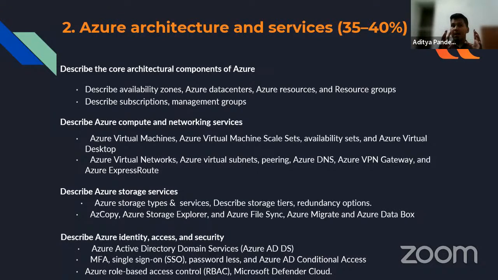A cloud platform must have availability zones. A cloud platform must have its data centers, right? Like if we talk about Azure, it has its availability zones in different areas. Azure must have its data centers and Azure resources. If they don't have resources, how are they going to help you, how are they going to serve you, right?